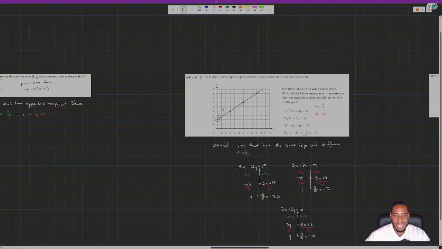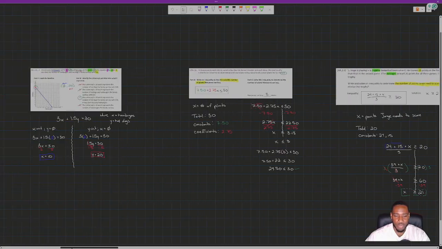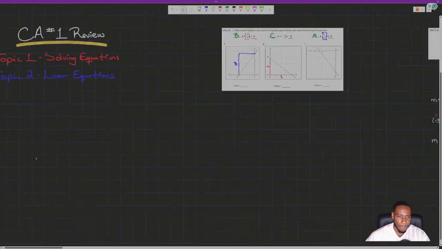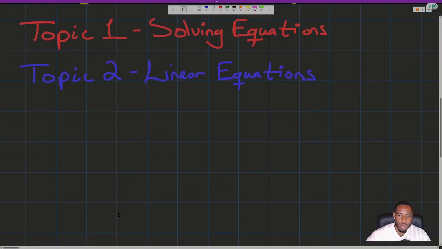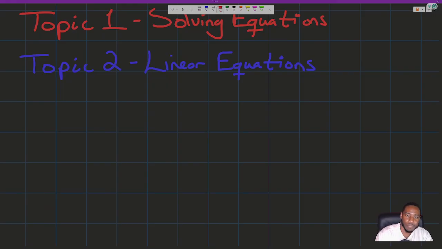So big ideas, big concepts here that you want to pay attention to, the things that popped up over and over again. You want to make sure you're really good about the key features of linear equations.